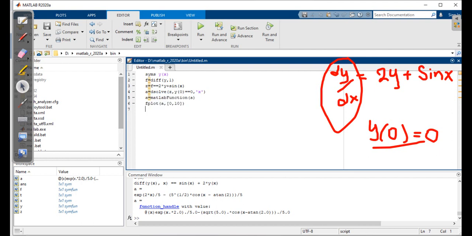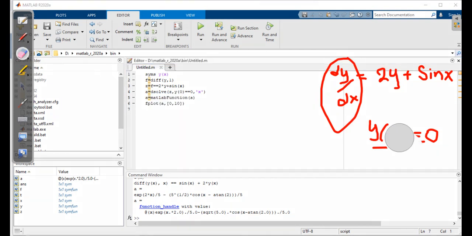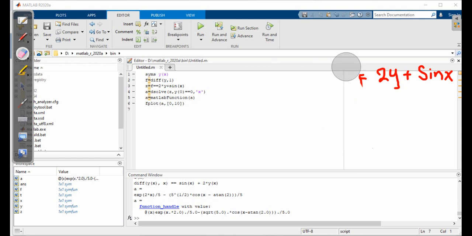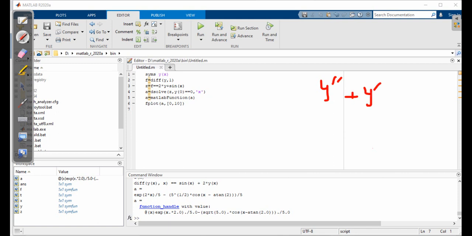Okay, so let's do one more example of a second order differential equation, then maybe you get a nice idea. So the second equation is this.